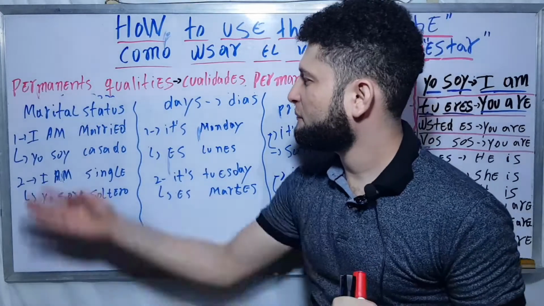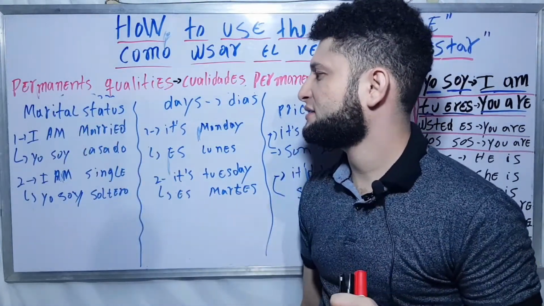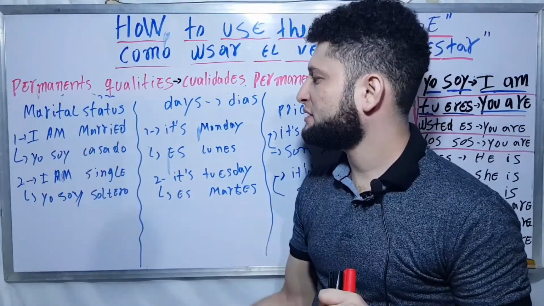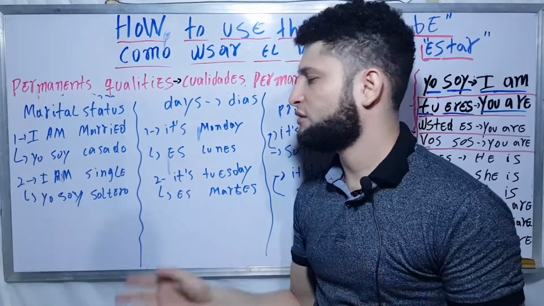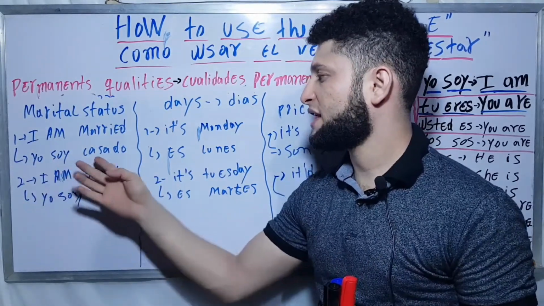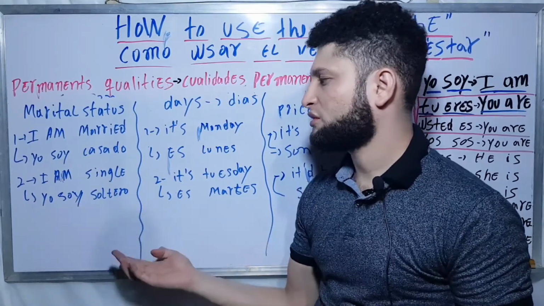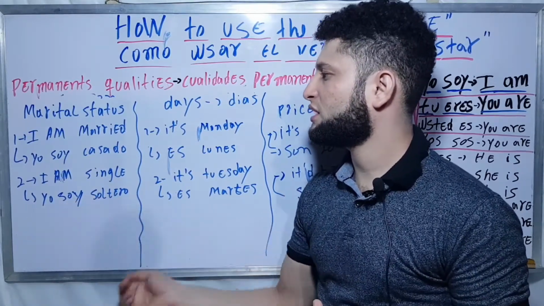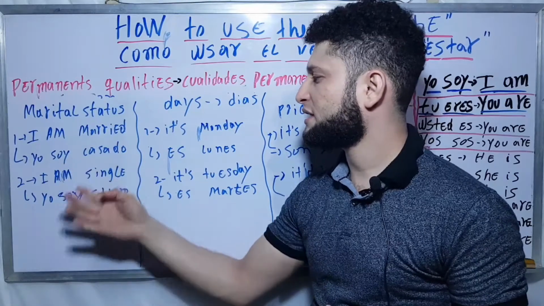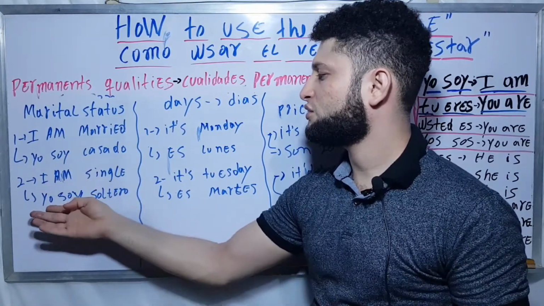For marital status guys is I am married, yo soy casado. I am single, yo soy soltero. I'm married, soy casado. I'm single, yo soy soltero.